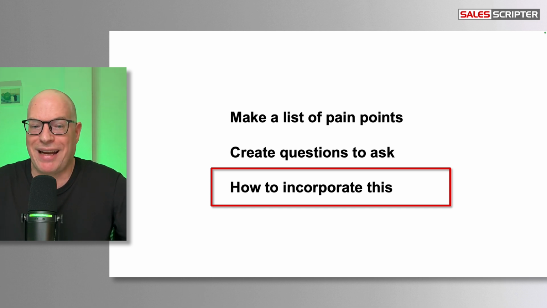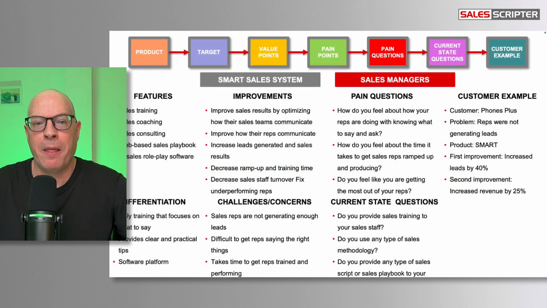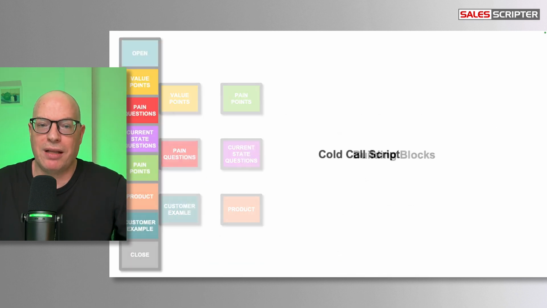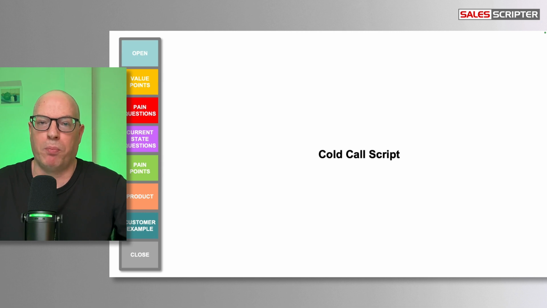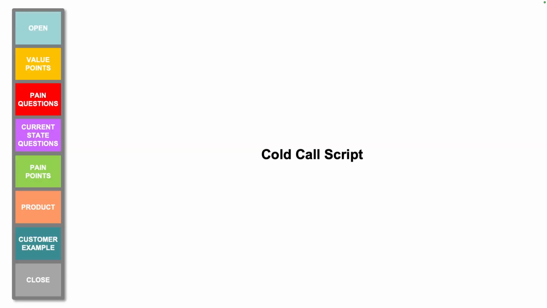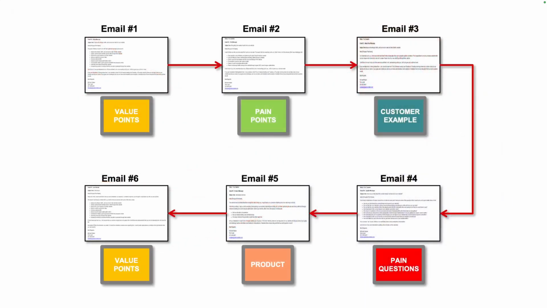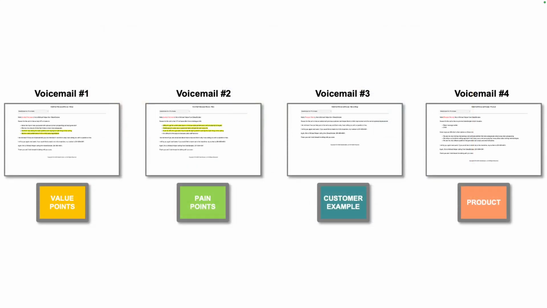And I can make that incredibly clear and easy, because each of these steps and sets of bullet points and talking points, each of these sets is what we refer to as building blocks. And you can then easily mix and match your building blocks to create a cold call script, an appointment script, objection responses, email messages, voicemail messages, sales presentation outline, and a lot more.